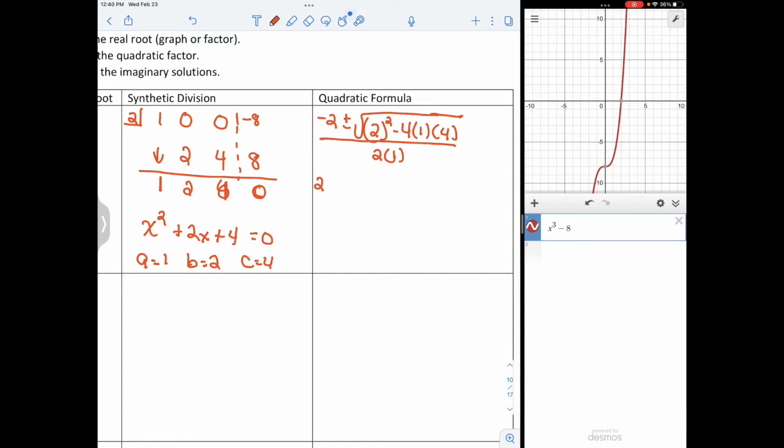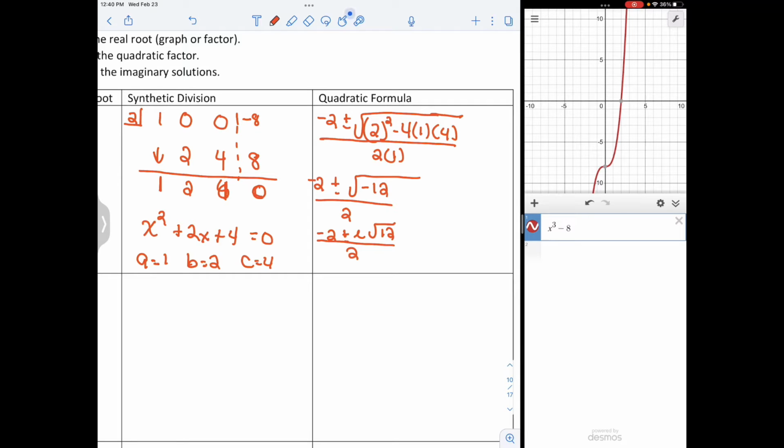So that will give me negative 2 plus or minus the square root of 4 minus 16, which would give me negative 12, all over 2. So remember, the square root of negative 1 is i, so I can write this as negative 2 plus or minus i square root of 12, over 2.